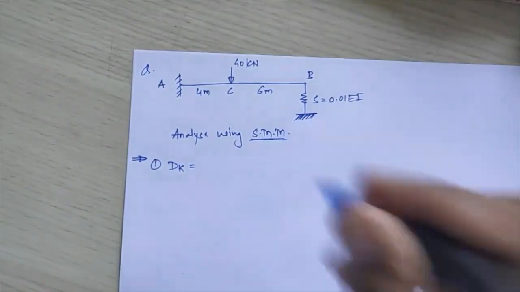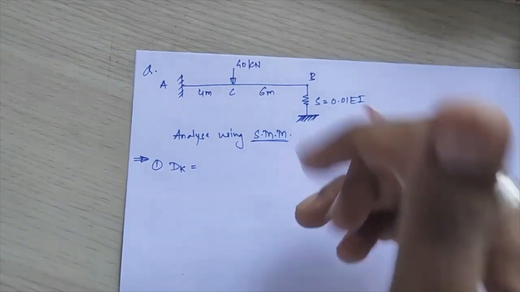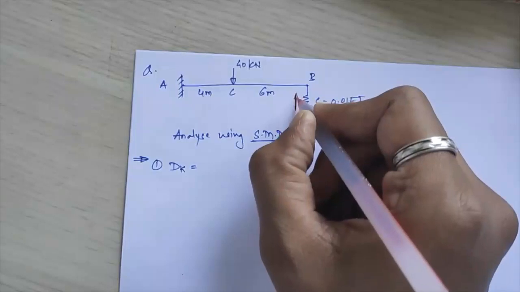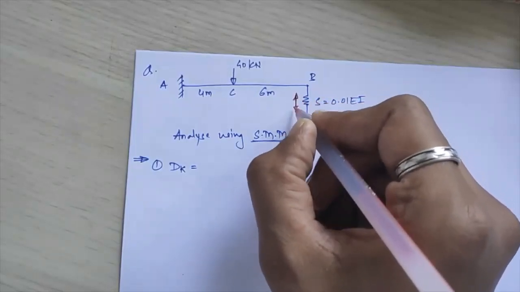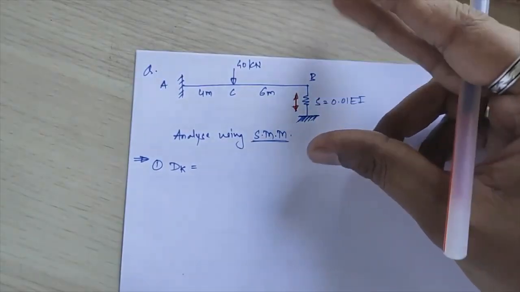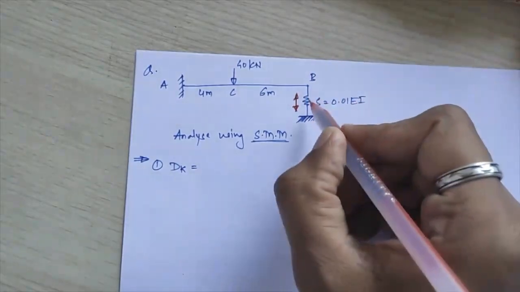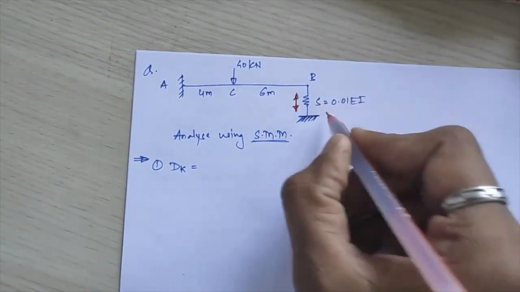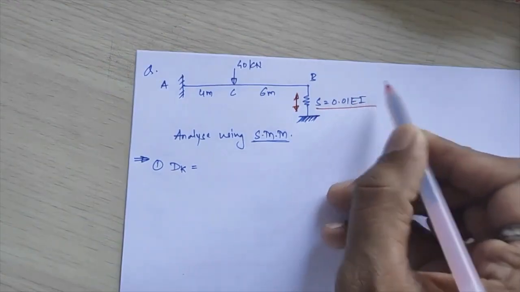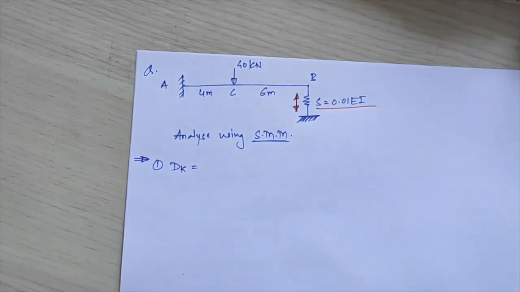Due to this support, joint B will follow an upward and downward path, meaning the spring will get compressed or elongated. That is why the stiffness of the spring is given as 0.01 of EI, where EI is the flexural rigidity.